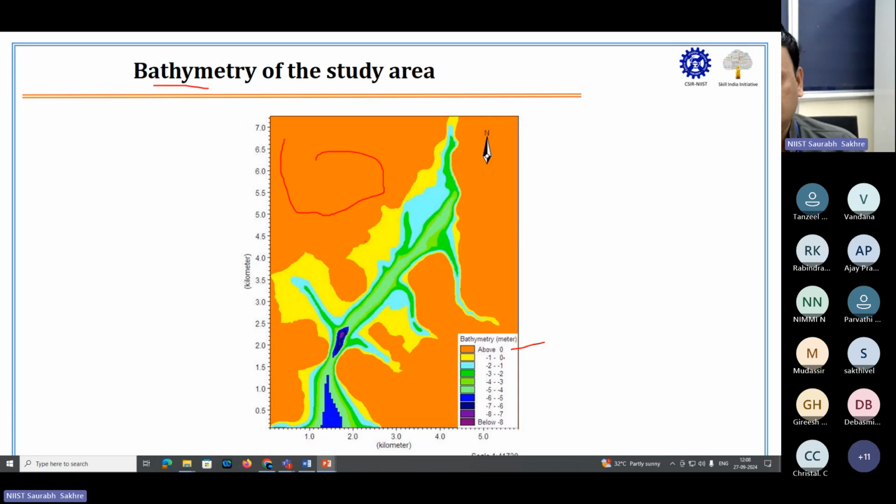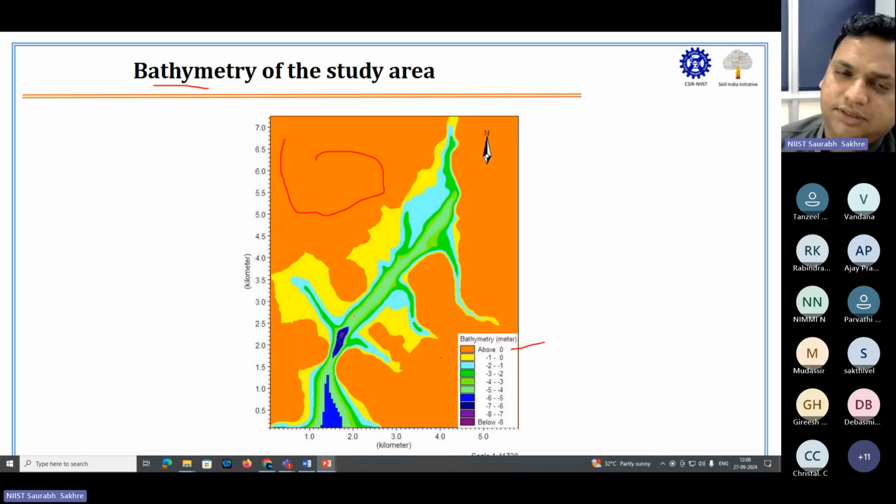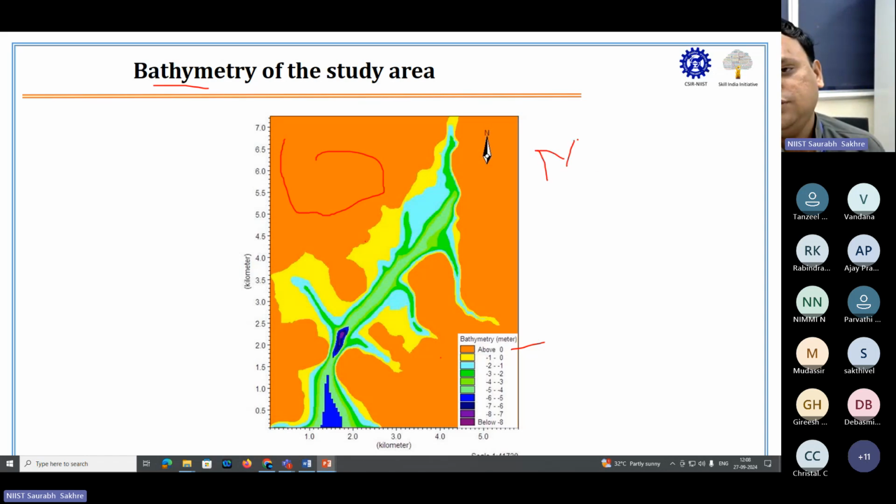You can see -1 to 0, then -2 to -1, -3 to -2, like that. And this is the deepest part, where 5 to 6 meter of creek depth is there. So bathymetry plus the boundary, both are required to give the input in the water quality simulation model, which in our case we have used Mike HD.